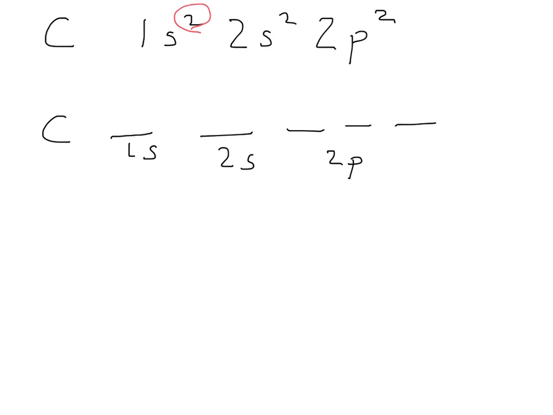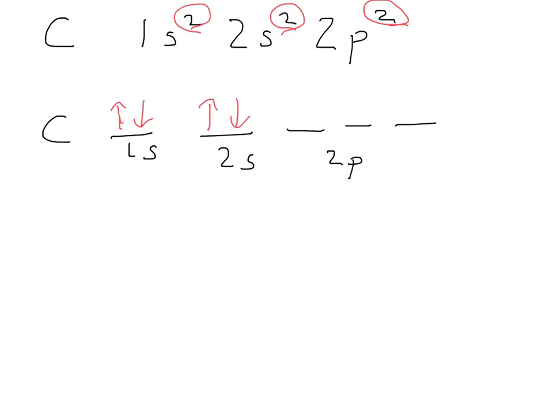My carbon has 2 electrons in the 1s, so 2 arrows pointing opposite directions because of Pauli. Then I come to the 2s, so I'm going to have 2 electrons pointing the opposite direction because of Pauli. And now I have 2 electrons in my 2p.